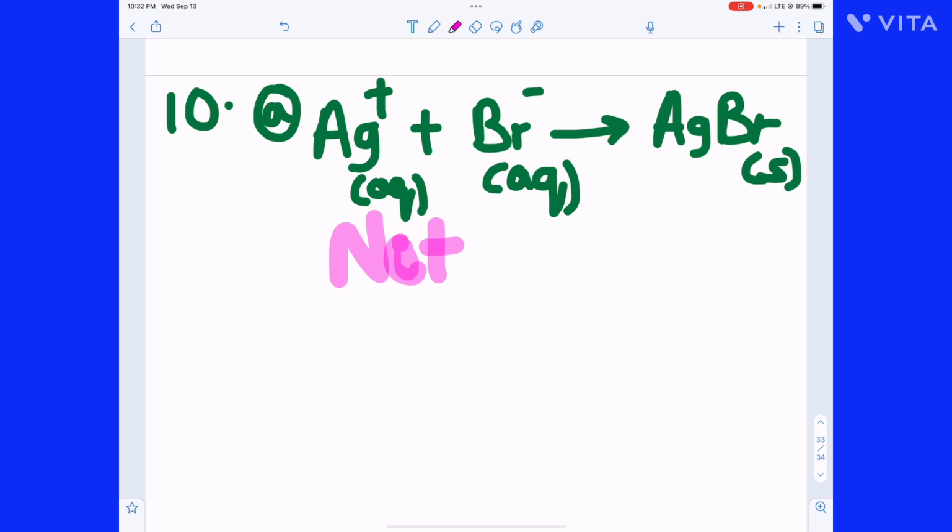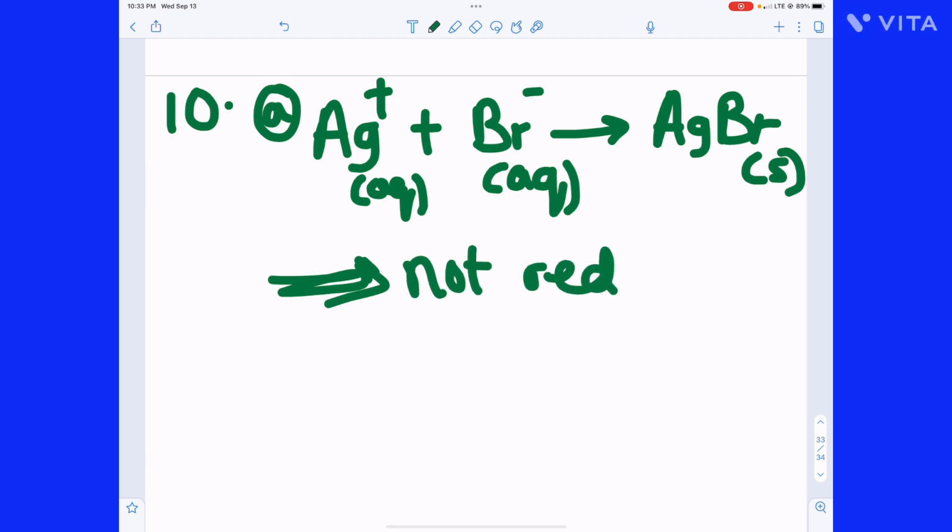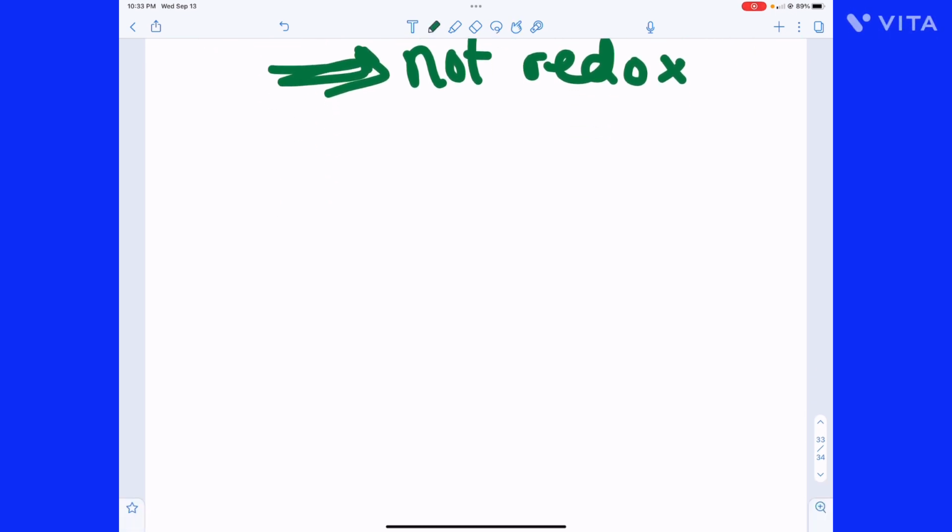Not a redox reaction. Let's go to part B.